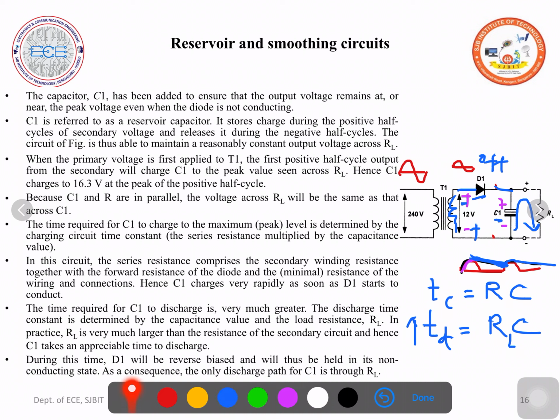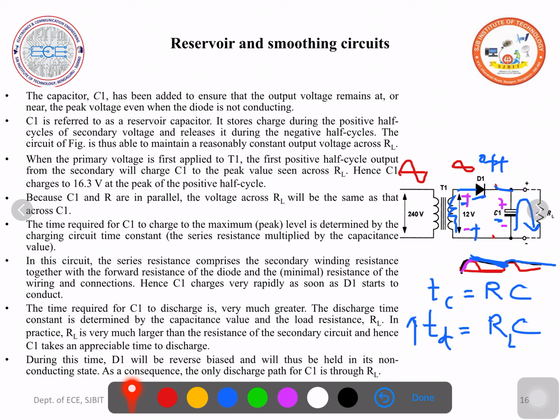Let us go through the theory. The capacitor C1 has been added to ensure the output voltage remains at or near the peak voltage even when the diode is not conducting. Here the diode was not conducting, still the voltage is almost constant.